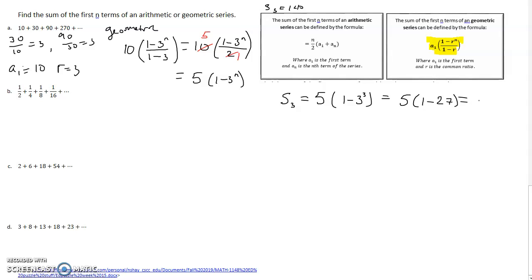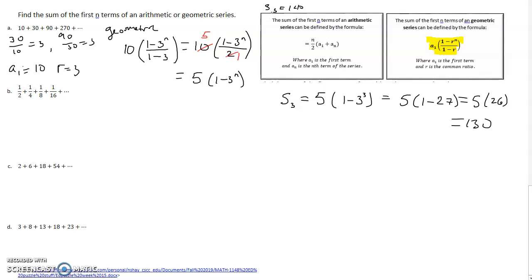Then 1 minus 27 is 26, and 5 times 26 is 130.